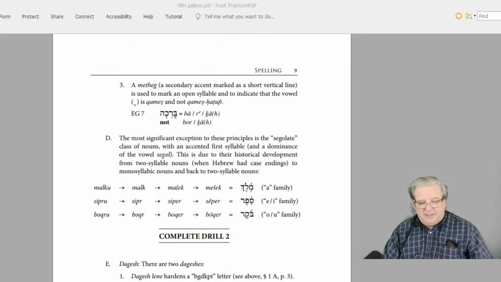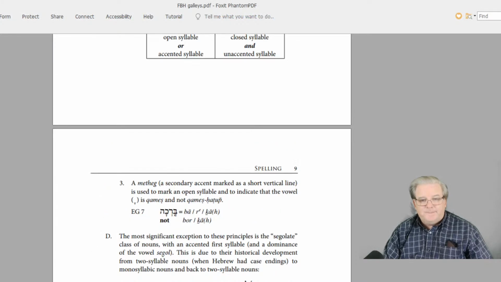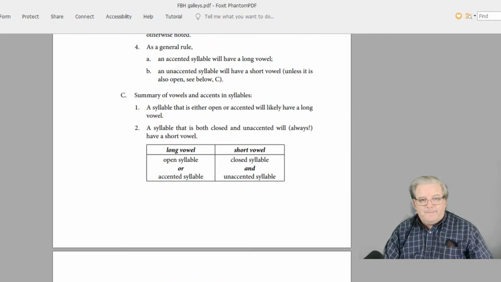Going back a bit here. A syllable that is both closed and unaccented will always have a short vowel. Okay? That was a short vowel in an unaccented syllable. It does not meet the requirements of number 1.